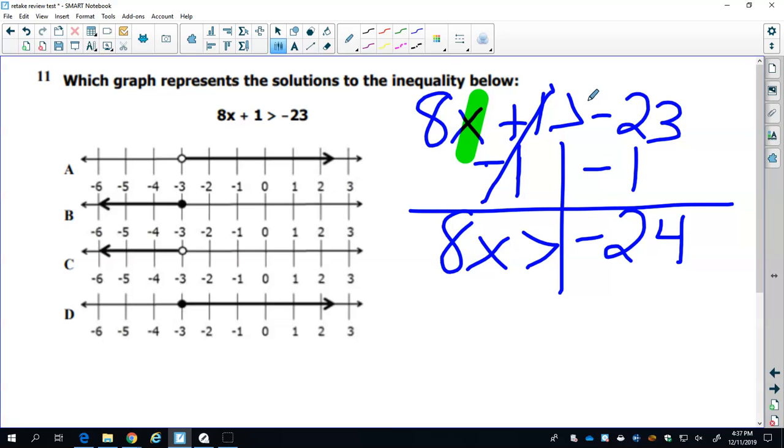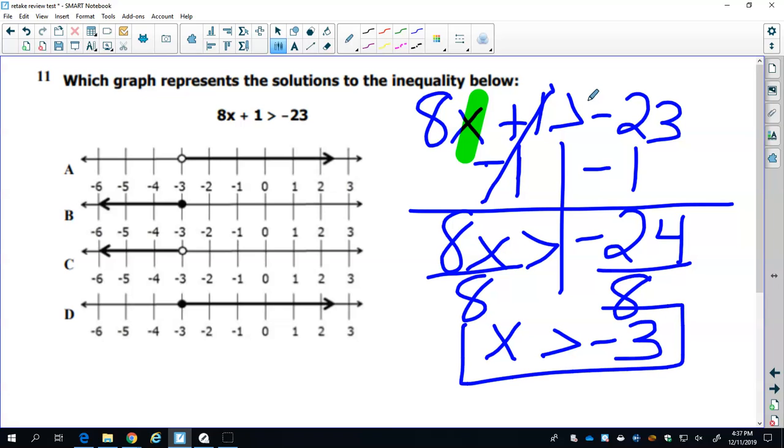Are we done? No. We have to undo our multiplication, so we're going to divide both sides by 8, and x is greater than negative 3. So all of these problems, if you look here, have that negative 3. So this sign here, remember, is going to be an open circle.